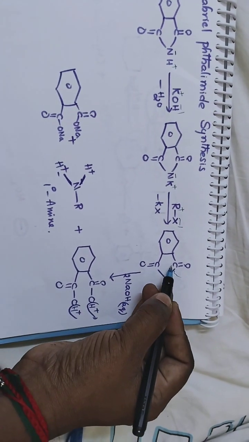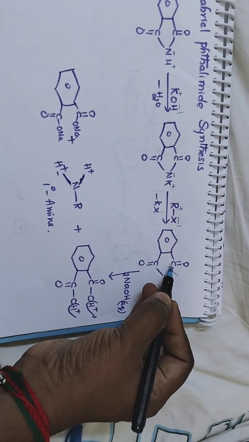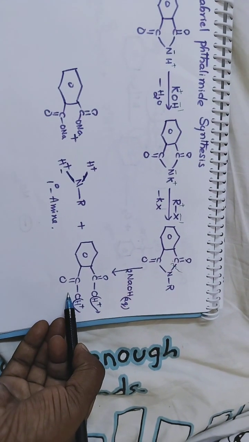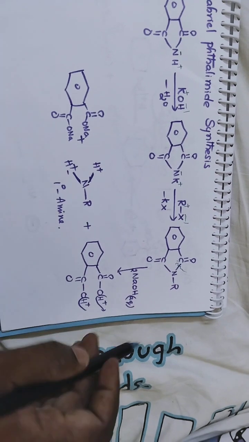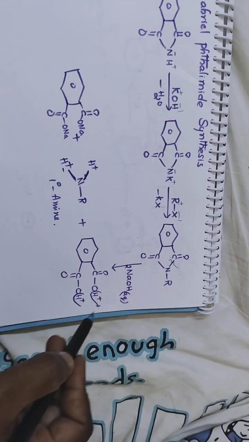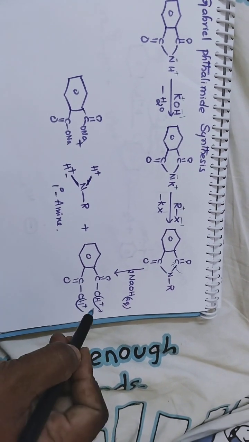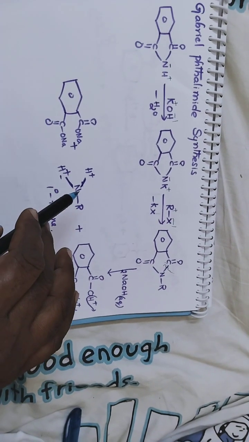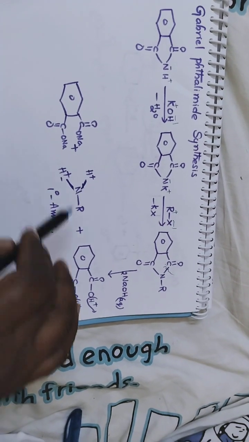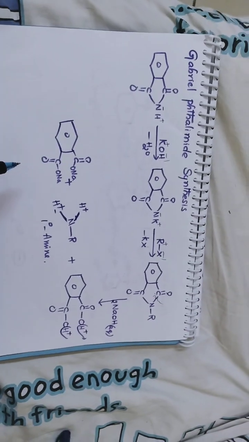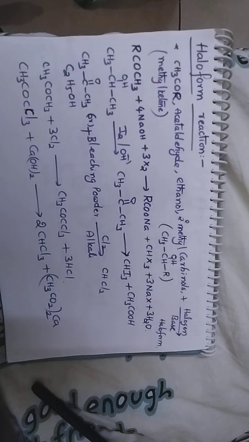So this OH will be attached here. One more OH is also attached here. Now this base Na plus replaces this H plus. This H plus will be added to this RN, making a primary amine. So this is the mechanism.